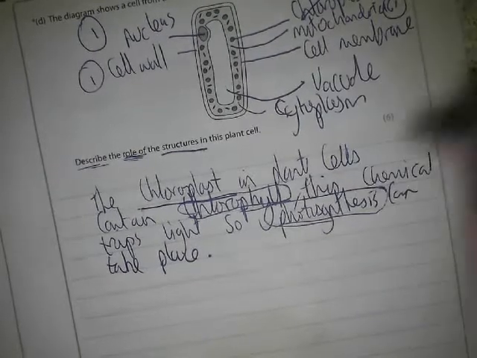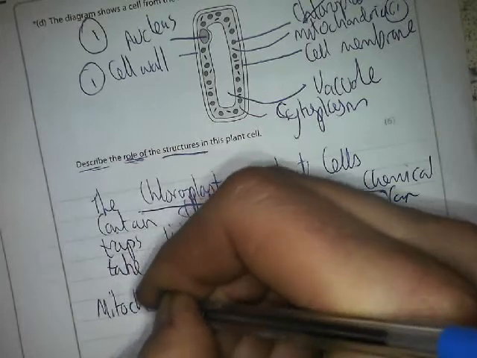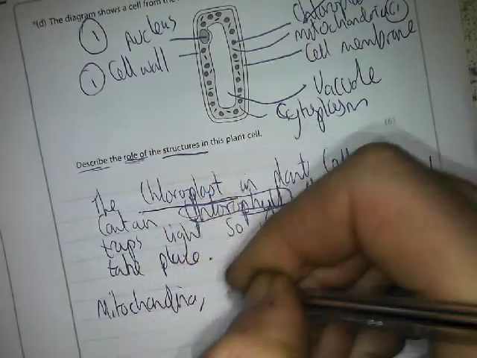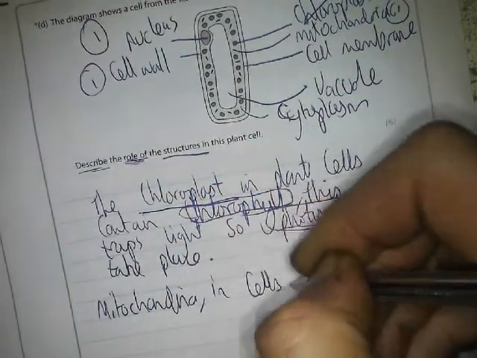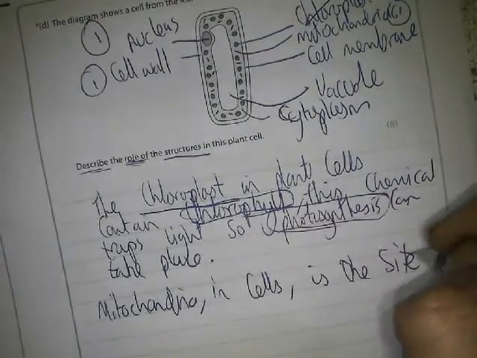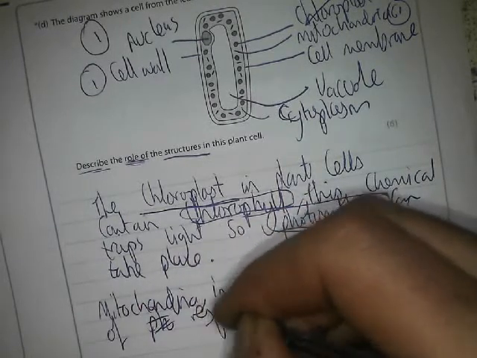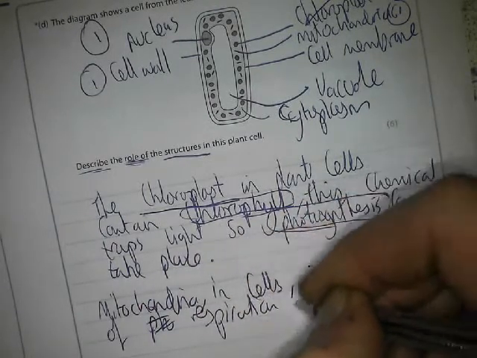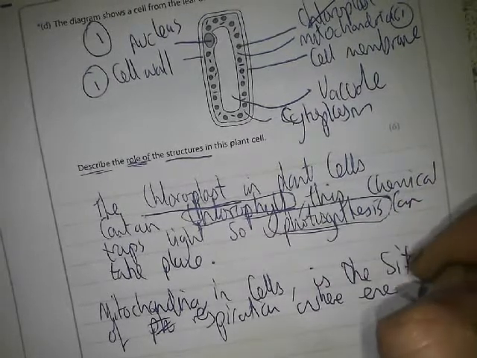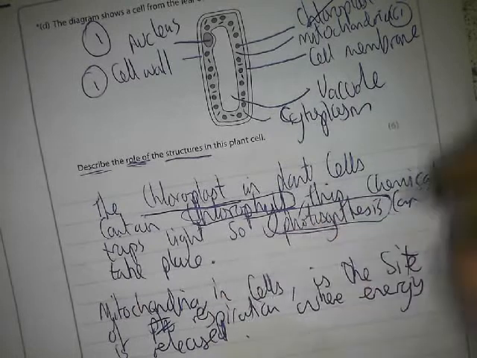New paragraph. Chloroplast done. Mitochondria in cells is the site of respiration, where energy is released.